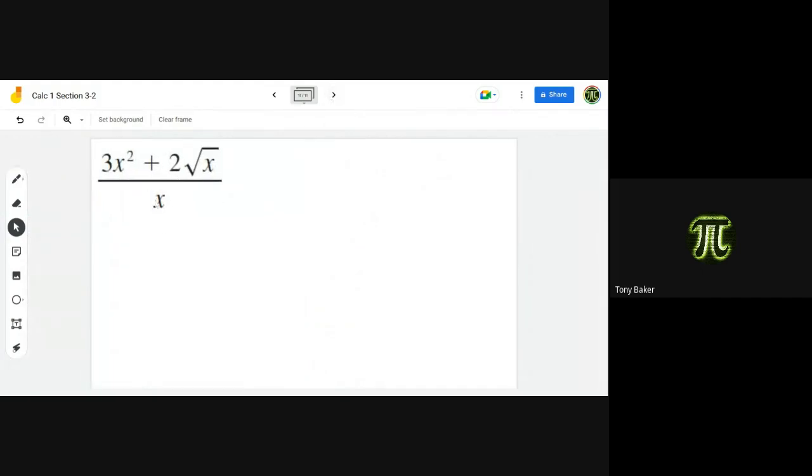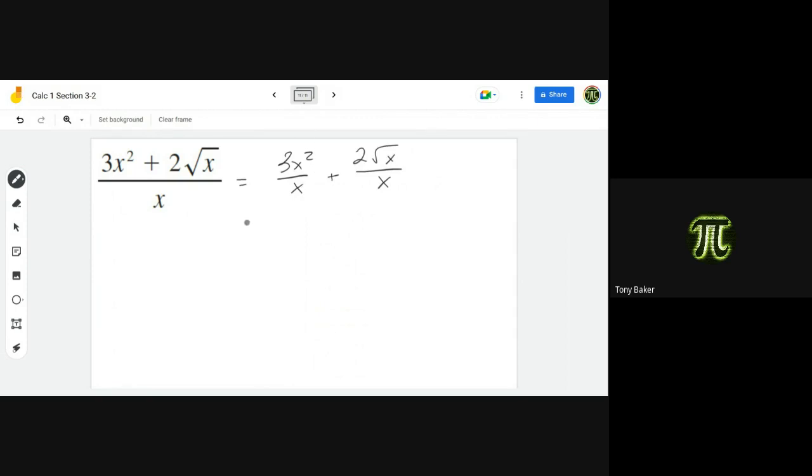This problem, I only have an x down the bottom. So I could split this problem up. I could write it as 3x squared over x plus 2 square root of x over x. Because remember, division, as long as I put the same thing underneath everything on the top, I can do that.